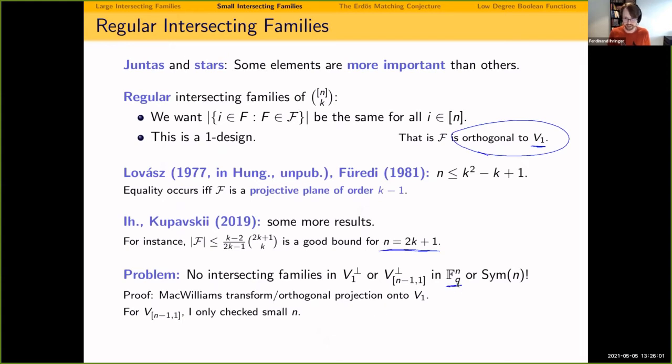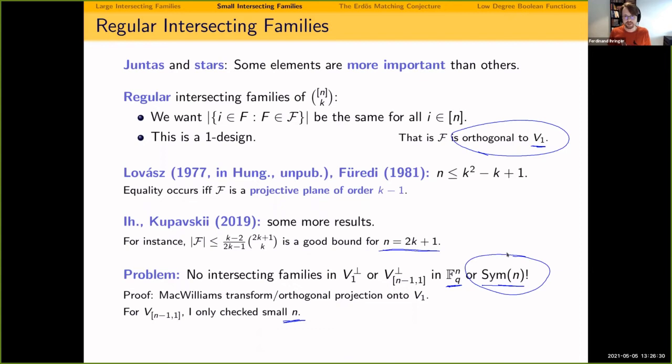There you have no regular intersecting families, and as far as I can tell, the same happens for permutations. There I must admit that I only checked it for small n, that it's impossible, but I don't see why it should change when n is large. Now, at the end of my talk, I will suggest a reasonable generalization of regular intersecting family to the symmetric group as a possible problem.